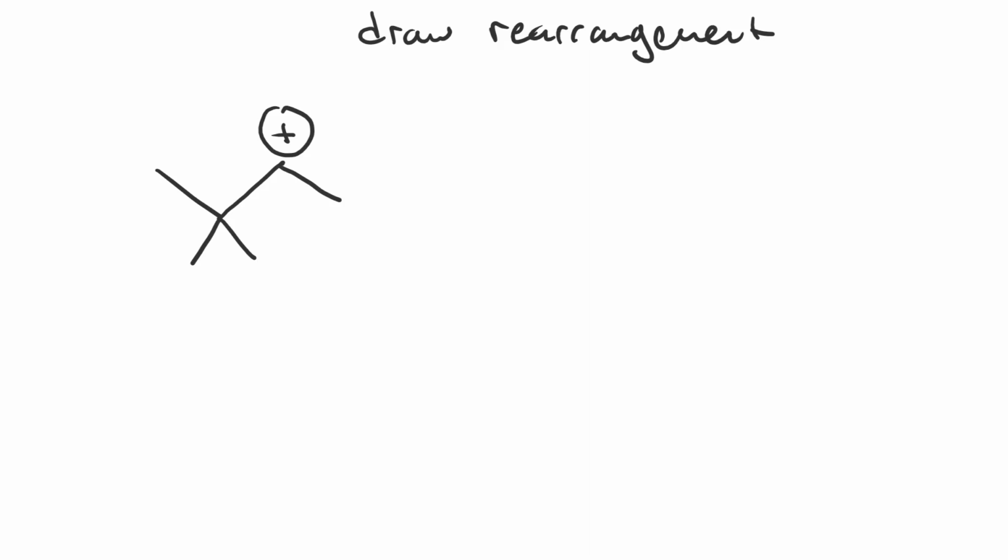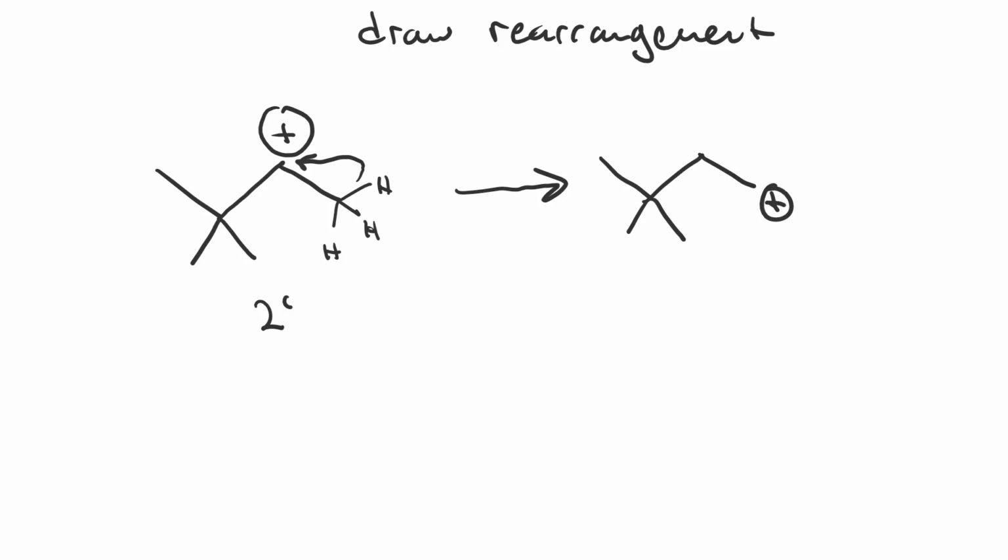In order to do this, we need to consider all groups on adjacent carbons. There's 3 hydrogens there, and 3 methyl groups on the carbon on the left. Now, if we were to do a 1,2 hydride shift, that would take us from a secondary carbocation to a primary carbocation.